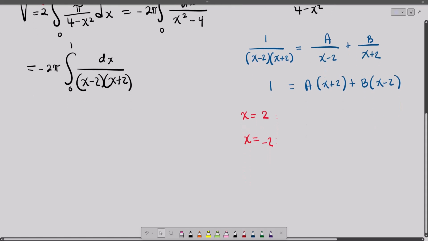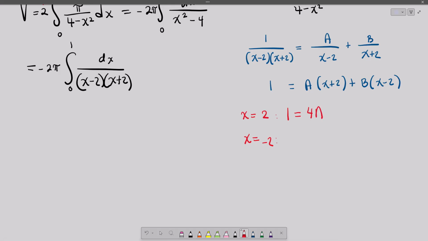Plugging in 2 is going to give us 4a. Plugging in -2 is going to give us -4b. So we get that a is a fourth. We get that b is -1/4.